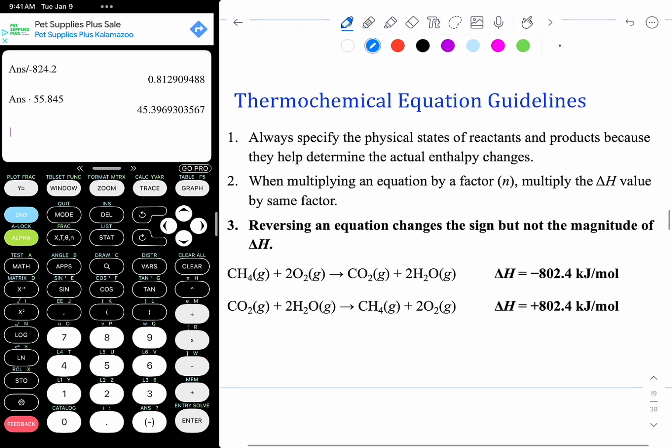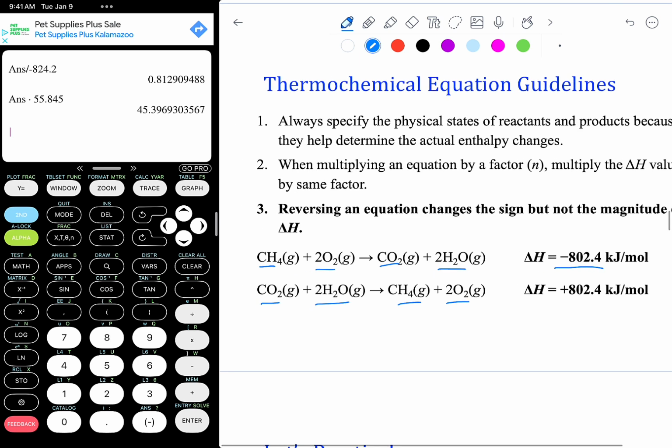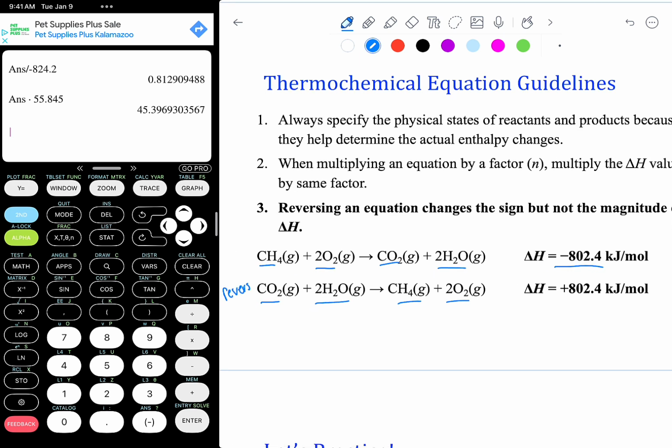Our final guideline is when we are reversing an equation, that's going to change the sign, but not the magnitude of delta H. So if we flip-flop where our reactants and our products are, then we just change the sign of delta H. So instead of having methane reacting with oxygen, creating CO2 and water, giving us a negative enthalpy, if I started with CO2 and water and wanted to create methane and oxygen gas, my enthalpy change for that new reversed reaction is still 802.4, but I've changed the sign to a positive, because it's going to be the exact same amount of energy, just in the other direction.